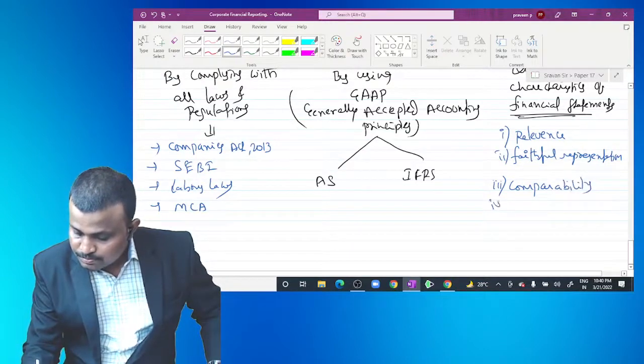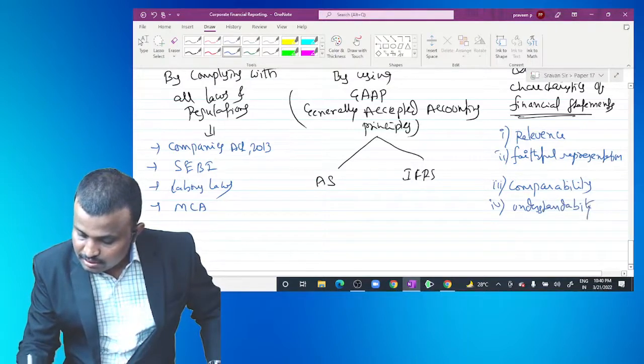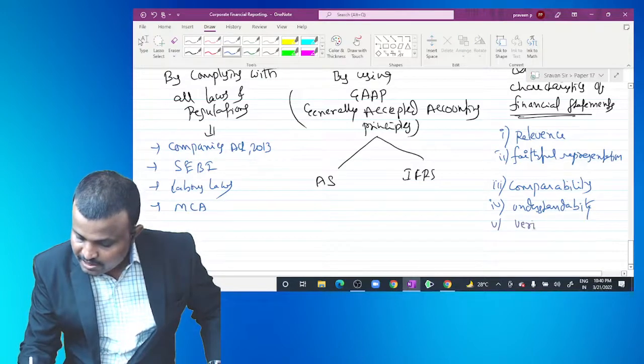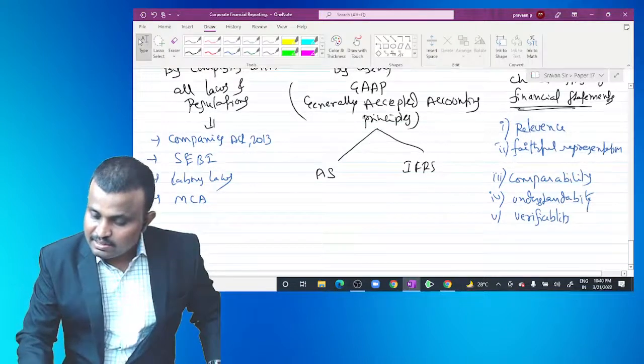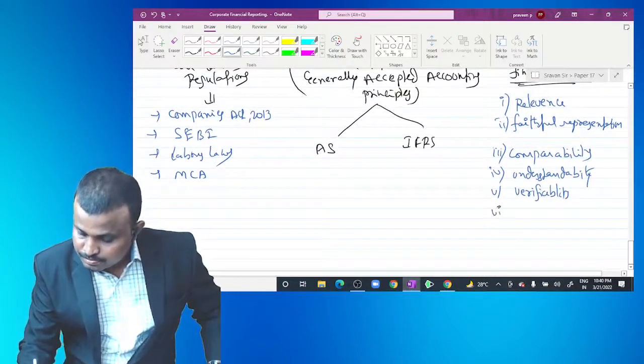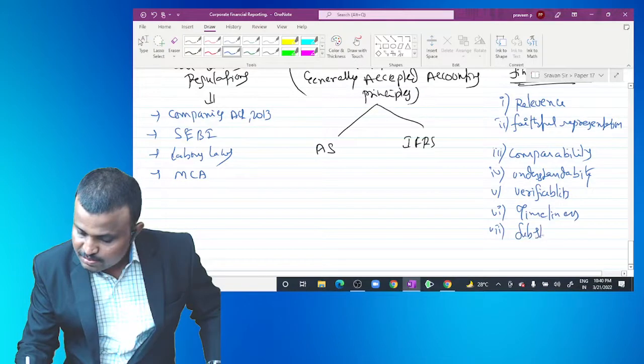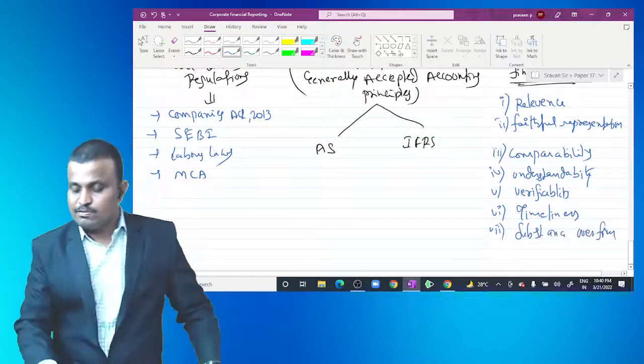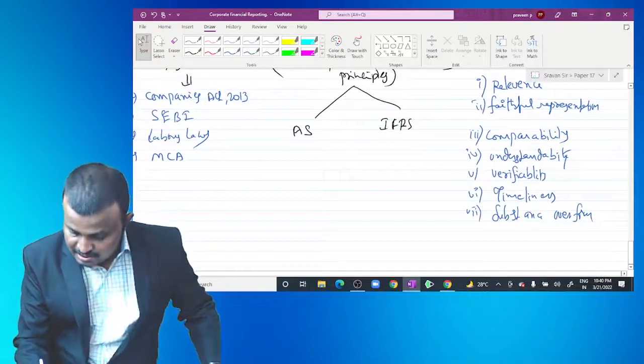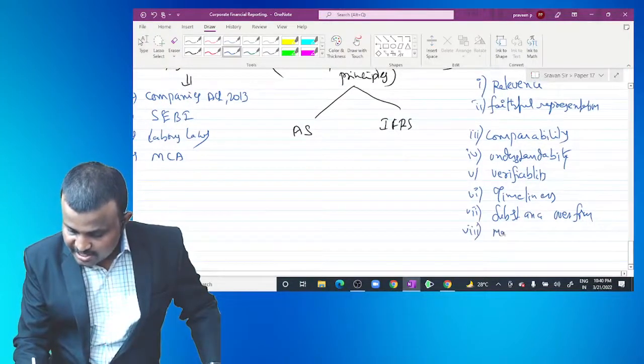Comparability, understandability, verifiability, timeliness, substance over the form, and materiality.